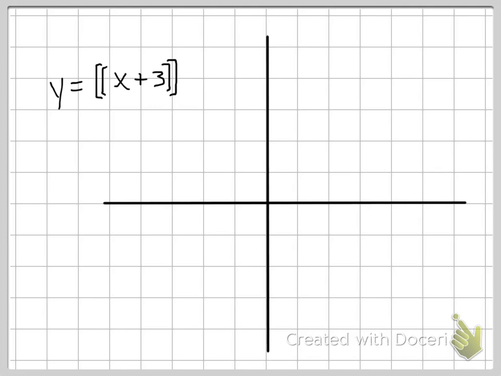Now we have the step function. I know you guys remember the step function from earlier this year. Except it shifts around just like any other graph. So see if you can go ahead and graph this one.